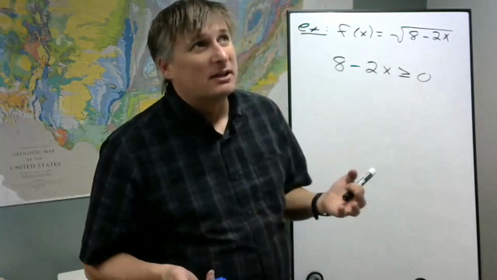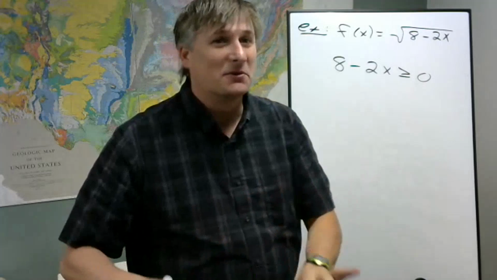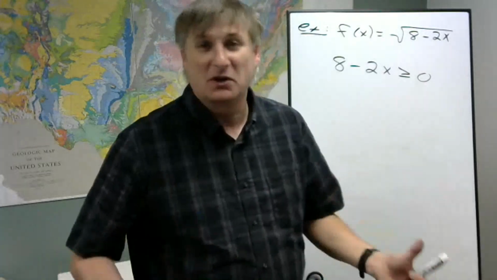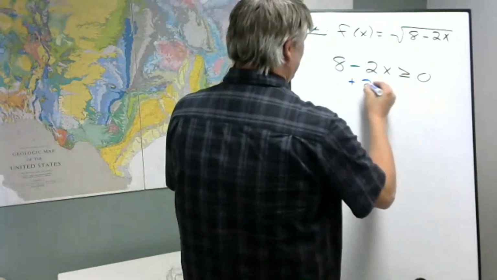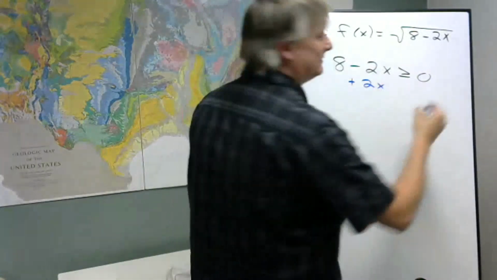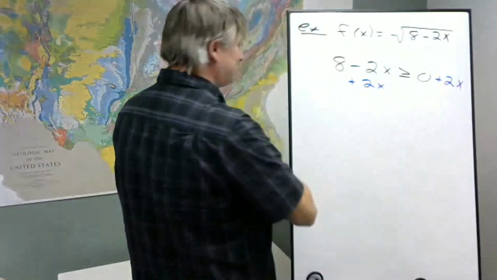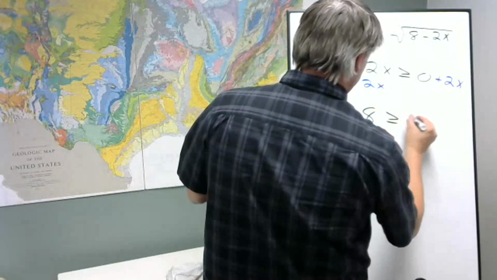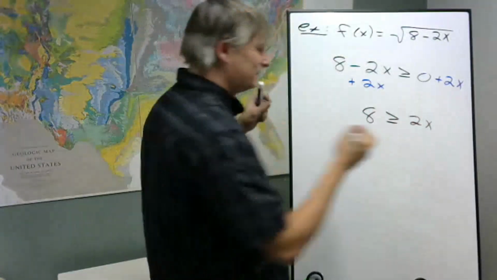Well, for a complex function, that's a very different math course in the future. If you have any questions about that, complex variables, let me know. That's another conversation. Divide both sides by 2.